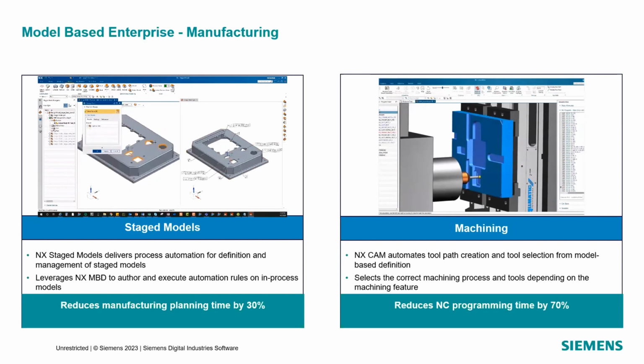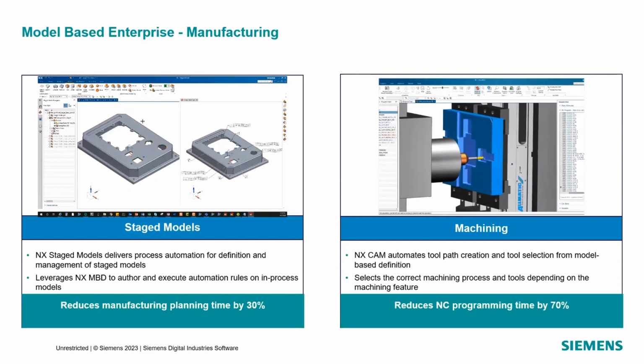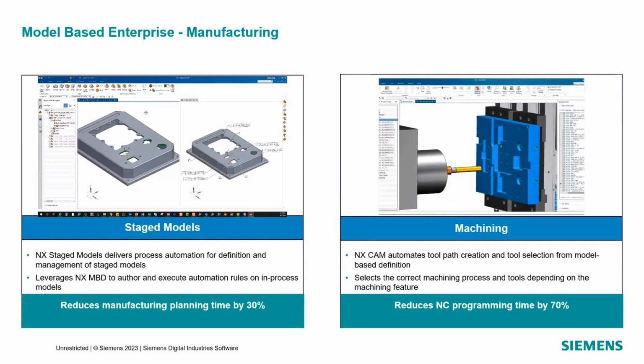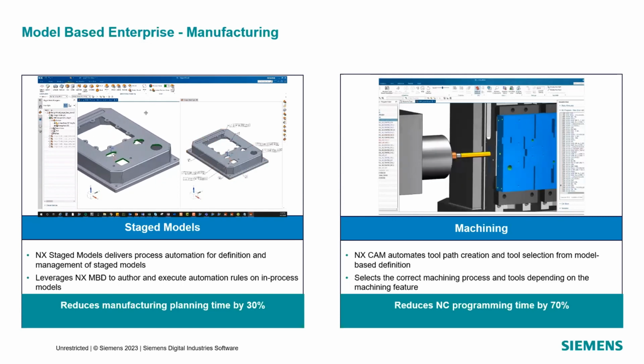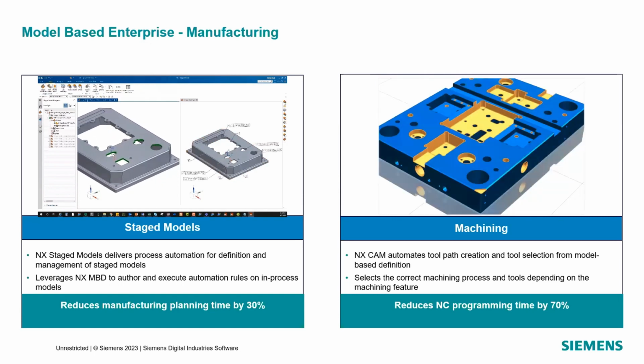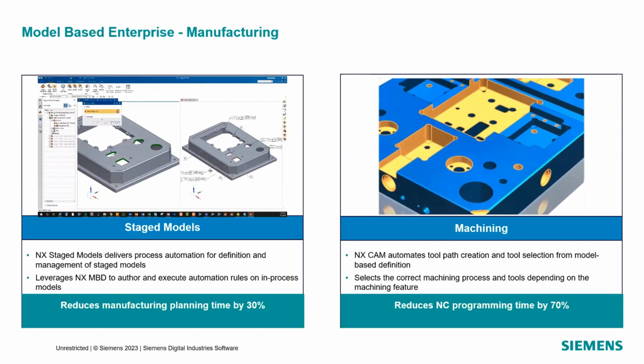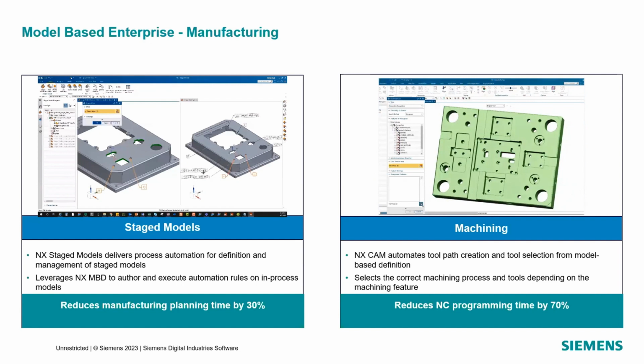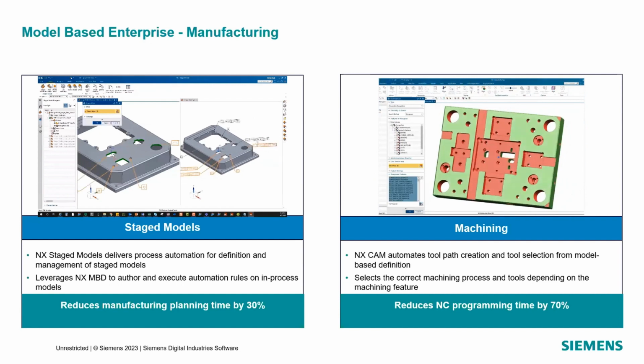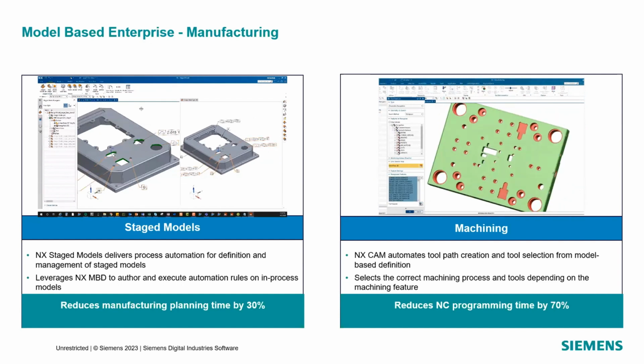And so again, this helps reduce that time for manufacturing planning. And then on the right side, as you see in our machining package, feature-based machining will use the PMI information to help us select the right tool. If we're doing drilling, what's the right spot drill and tap that it should be pulling?